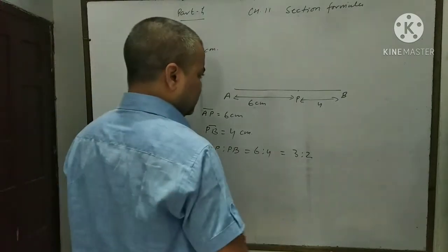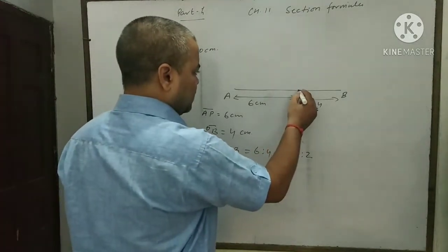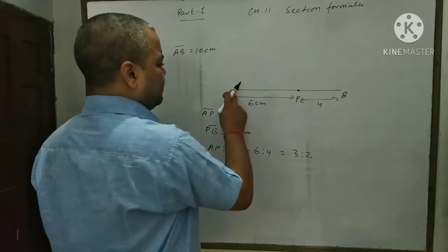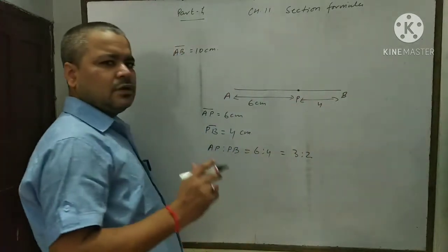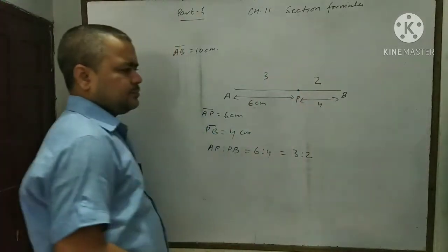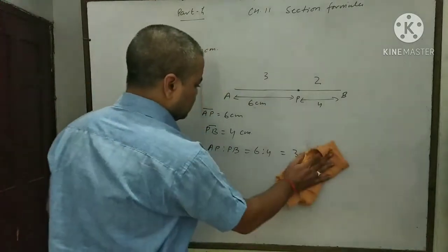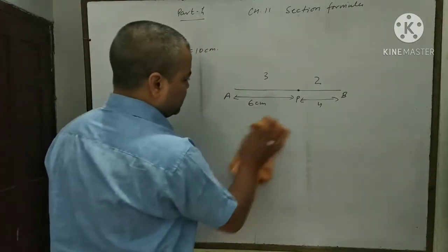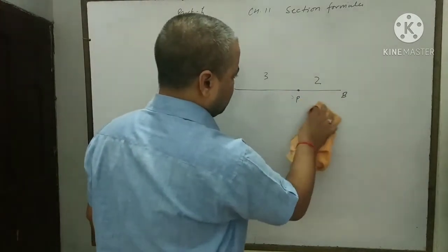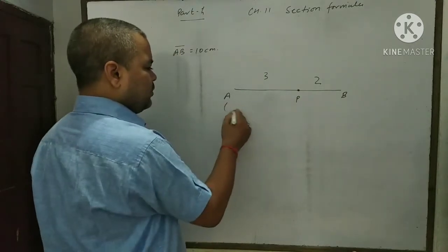Now we can say that point P divides AB in the ratio 3:2. Now, with the help of this section formula, the coordinates of 2 points will be given.